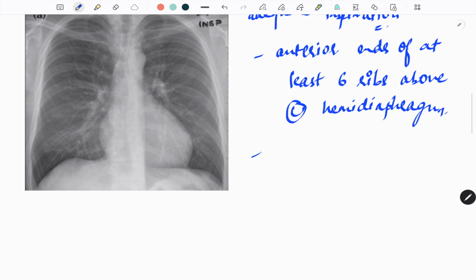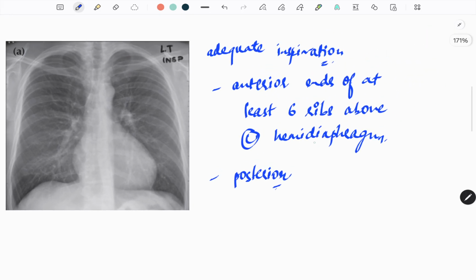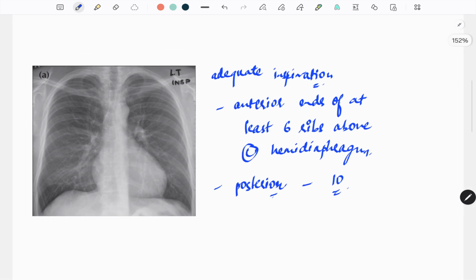And if we are seeing posterior ends, then the count increases to 10.